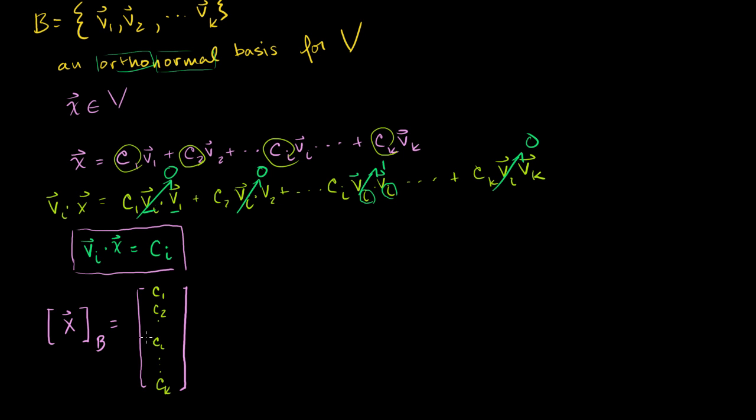Now, normally this is not such an easy thing to figure out. If I give you some vector x, we've seen it before. If you have x represented in the B coordinate system, then you can multiply it times the change of basis matrix, and you can just get regular x.